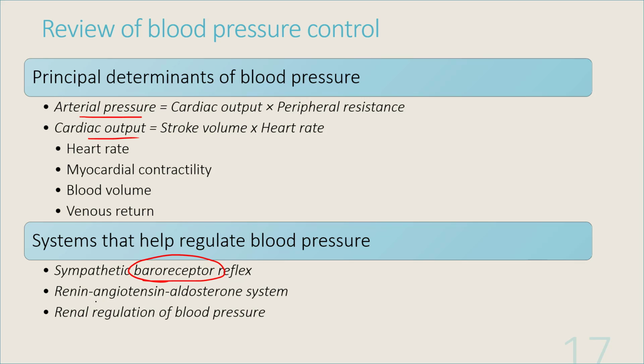And then you've got the Renin-Angiotensin-Aldosterone system that we talked about at length before. And then you've got renal regulation of blood pressure, because obviously when more urine is produced, there's less blood, and therefore blood pressure drops. Whereas if less urine is produced, you've got more blood volume and blood pressure increases.